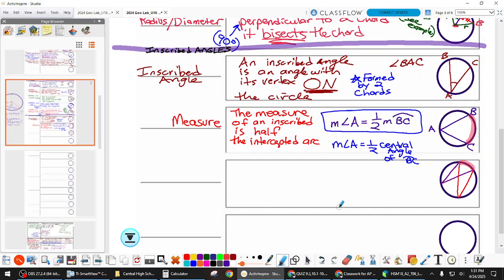What do you think is true about those two inscribed angles? They're congruent, yeah, good. So we'll call this box congruent inscribed angles.